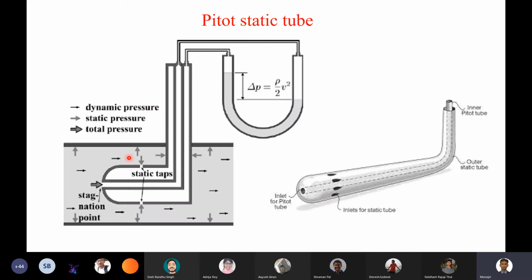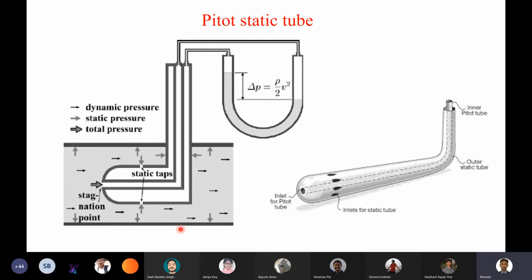So this is the way the pitot static tube works. Construction wise, the pitot static tube and the normal pitot tube are different, but the working principle is exactly the same. The only difference is the way you are measuring the static pressure. So this is how you measure the static pressure using a pitot static tube.